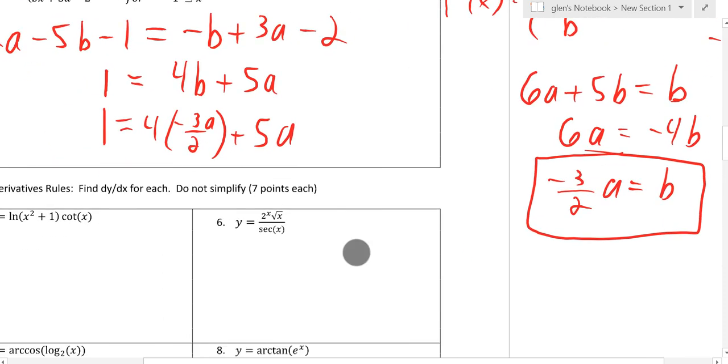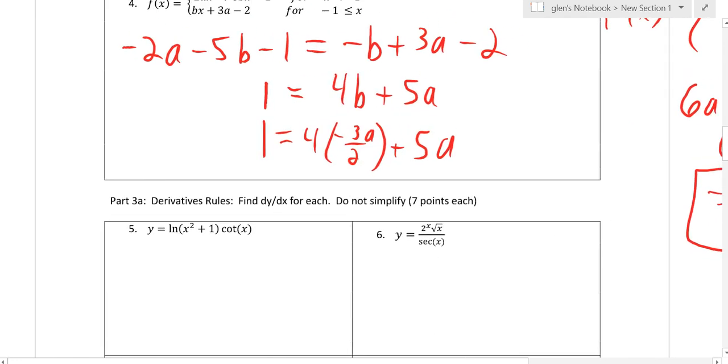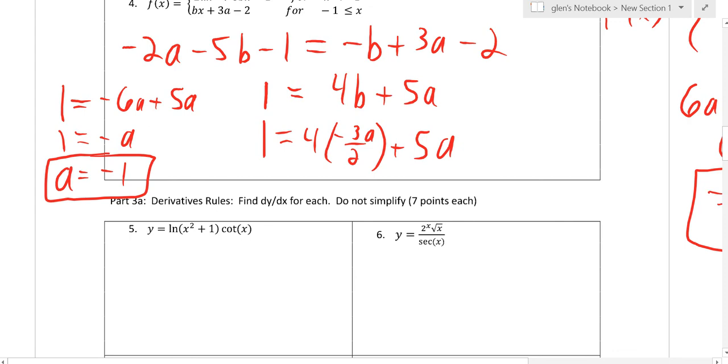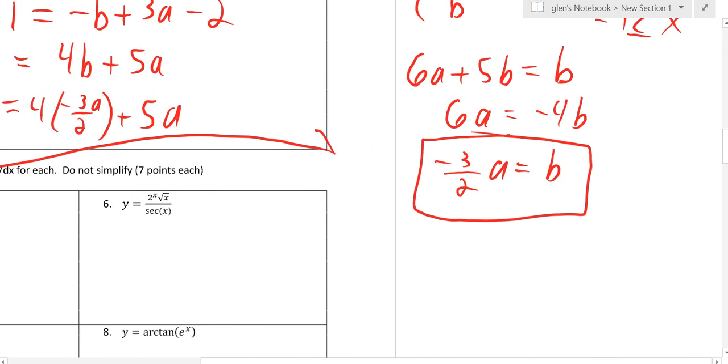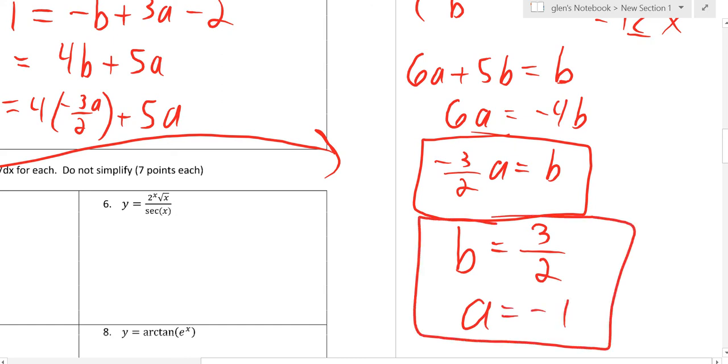You basically get 1 equals -6a plus 5a, which means 1 equals negative a, which means a has to be negative 1. Once you know a is negative 1, you come over to here, and you know that b then has to be negative 3/2 times negative 1. So our answer is right there. Easy enough? Every one of these will be the same. What's up?